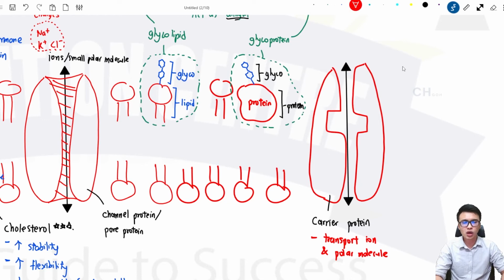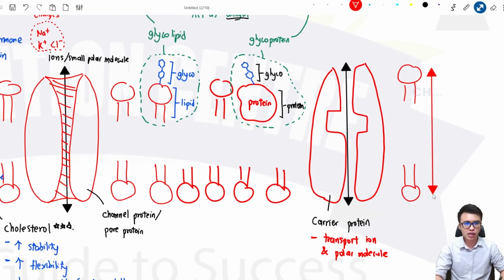All right, we are going to finish the whole plasma membrane with another two little guys here. This plasma membrane is actually super thin. How thin are they? Let's talk about the phospholipid bilayer. The thickness of the phospholipid bilayer is only about 7.5 nm.